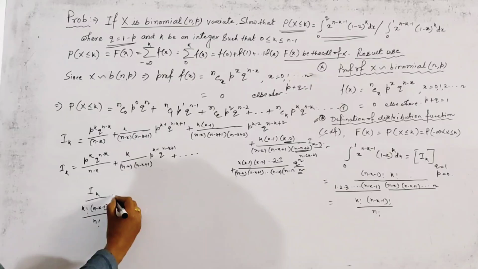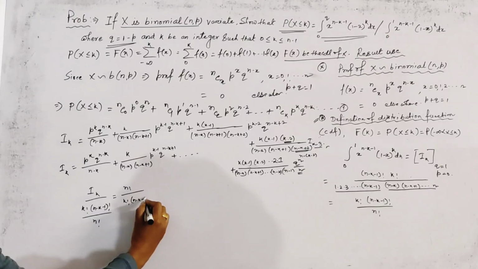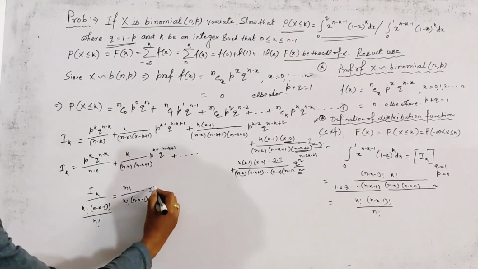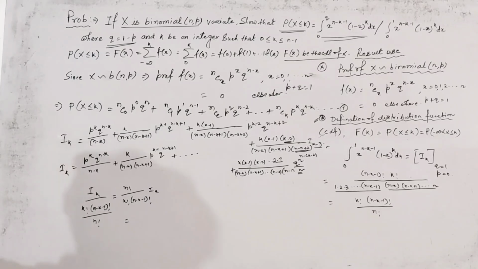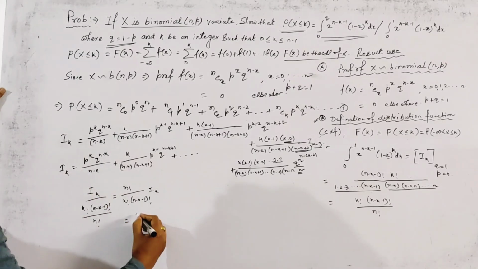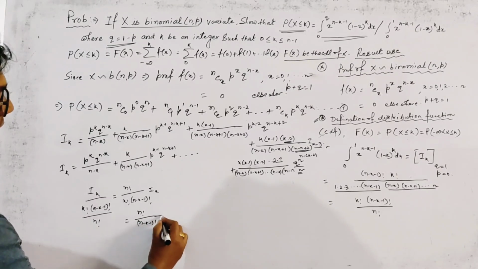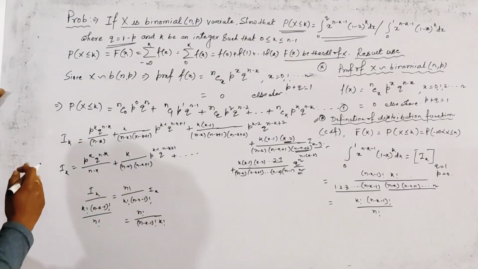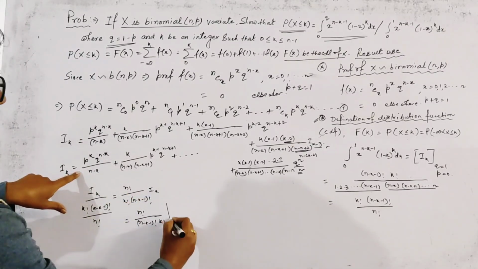Okay, that is, we have to find the value of n factorial by k factorial into n minus k minus 1 factorial into Ik, and this gives the result as, from the first term we get, this is n factorial by n minus k minus 1 factorial into k factorial. We write it outside of the bracket, and we write the value of Ik here.